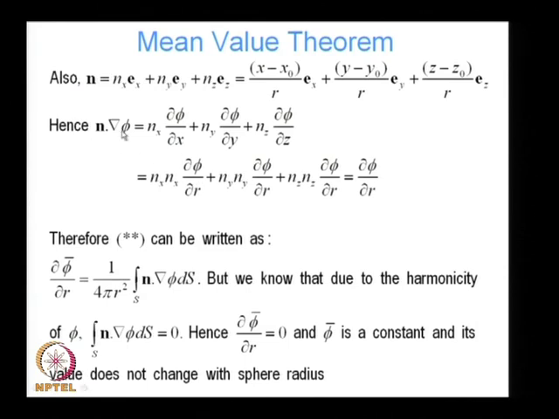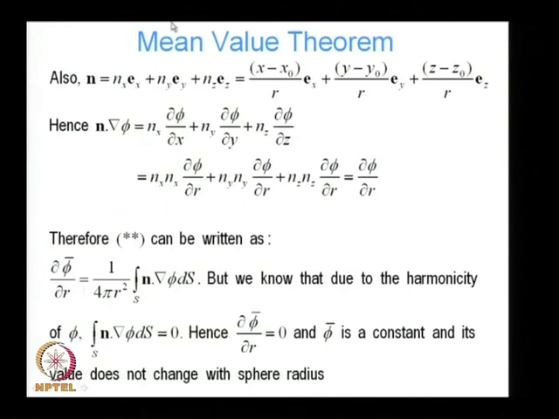So, n dotted with gradient of phi, suppose I have a function phi defined on the surface and I am evaluating its gradient. The gradient by definition, grad phi is del phi del x ex plus del phi del y ey plus del phi del z ez. So, n dotted with grad phi is equal to nx del phi del x plus ny del phi del y plus nz del phi del z.